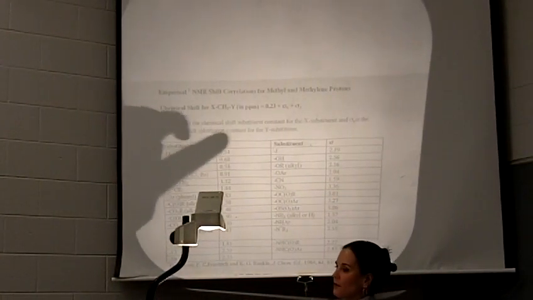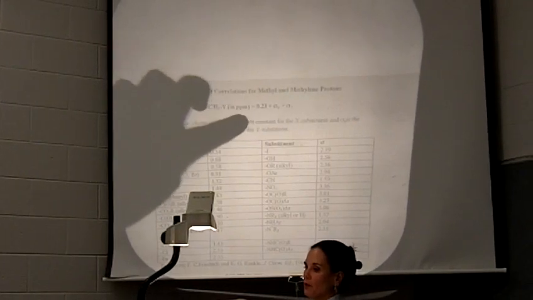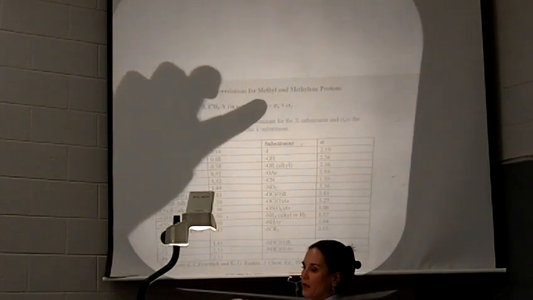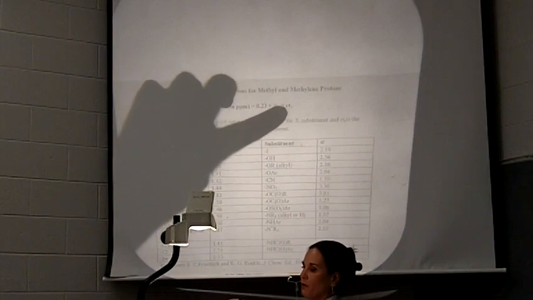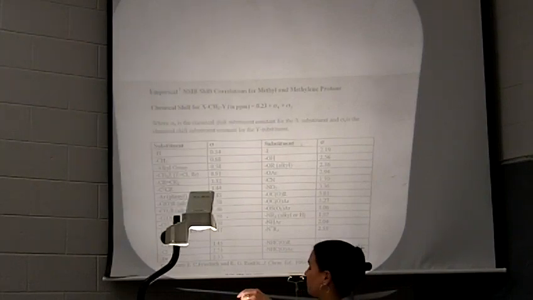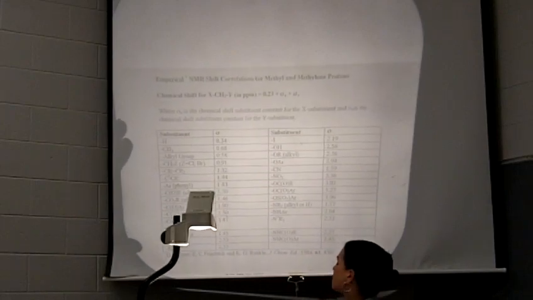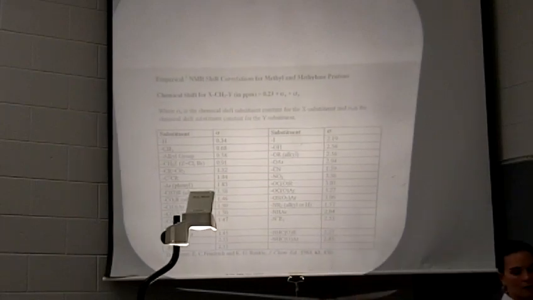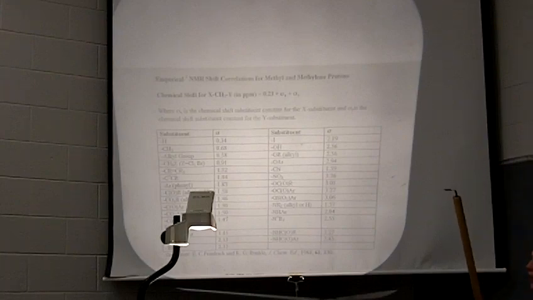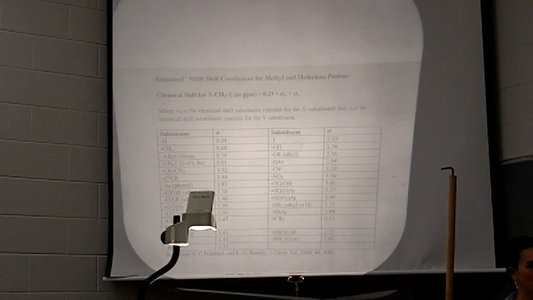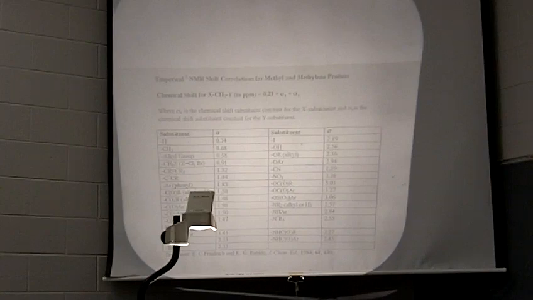And so what we need to use is this formula, 0.23, and then we add the chemical shift of X and the chemical shift of Y of the substituents on either side of that methylene, all right? So for the CH2, the two pieces are an O-aryl group, and then we also have the CH3. So write out here the start of that equation.